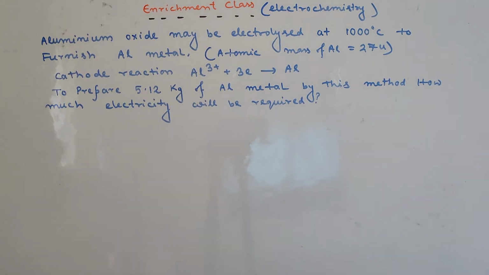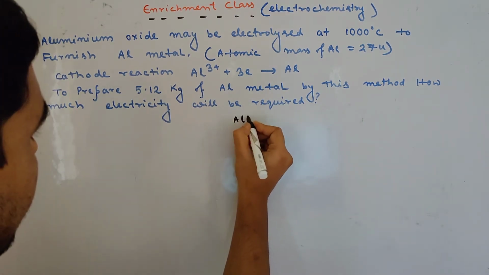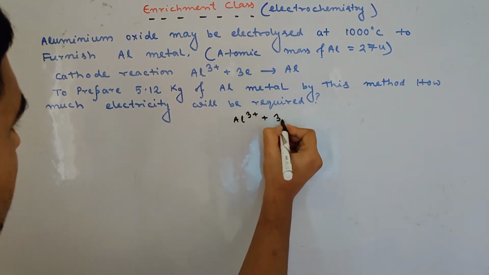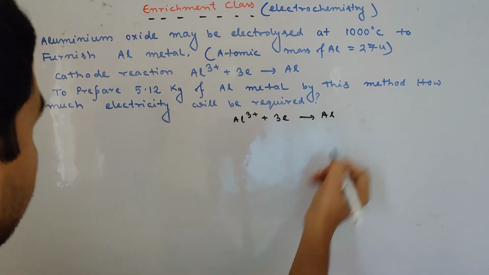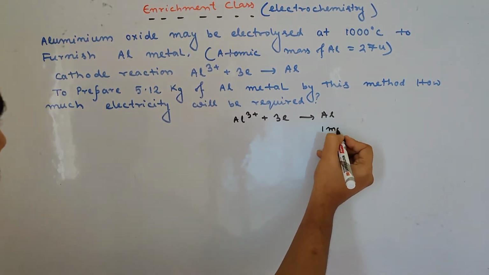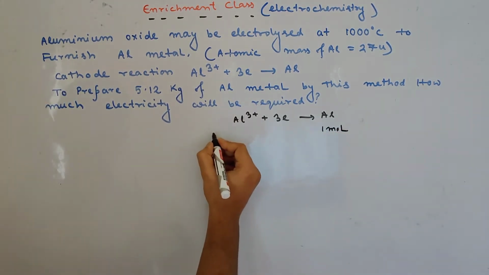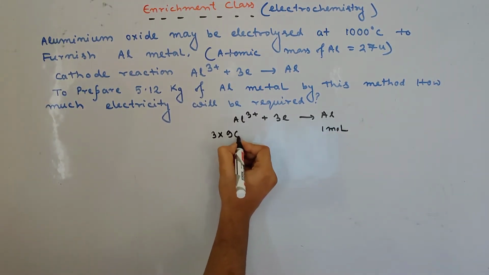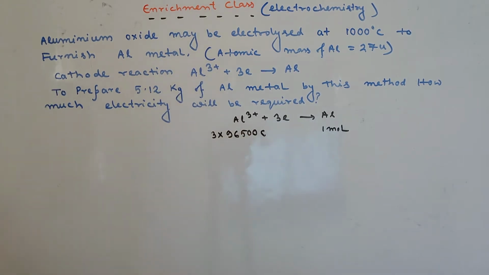Now, in order to solve this, first importance has to be given to the cathode reaction, because that is the main reaction based on which the calculation takes place. So here we can see Al3+ plus 3 electrons giving rise to aluminium. So straight away we can see, to deposit 1 mole of aluminium, we need 3 into 96,500 coulomb.